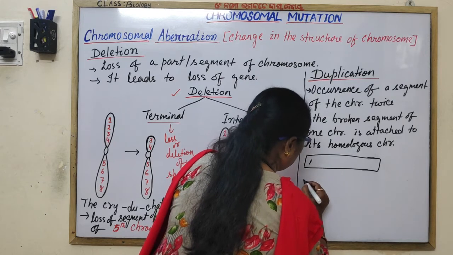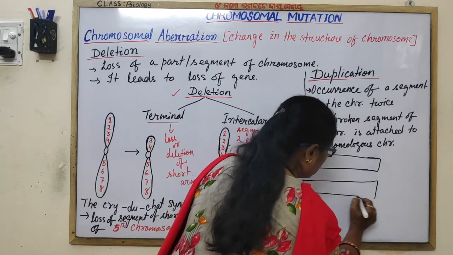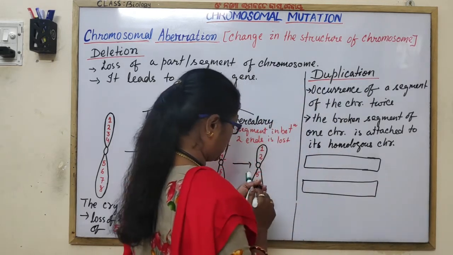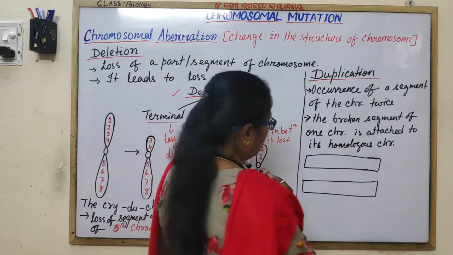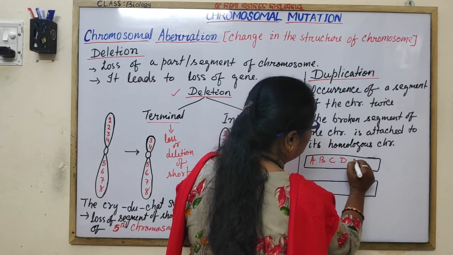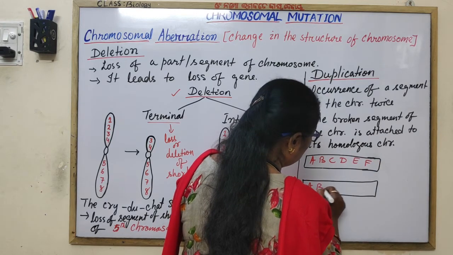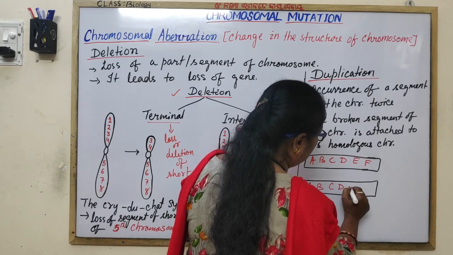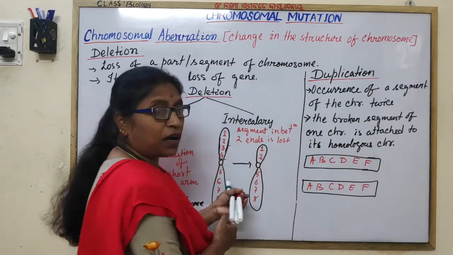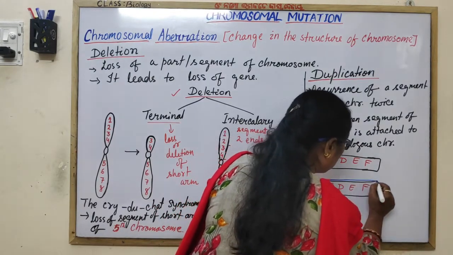Its homologous chromosome is this one. Then what happens? Suppose this is A, B, C, D, E, F. So here also A, B, C, D, E, F. But these two are homologous to each other.